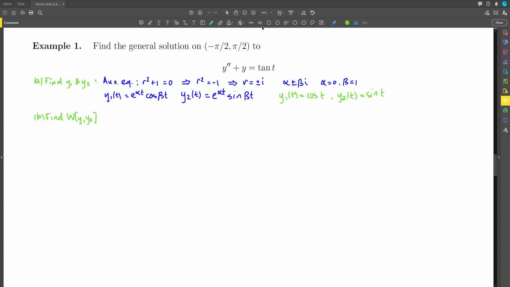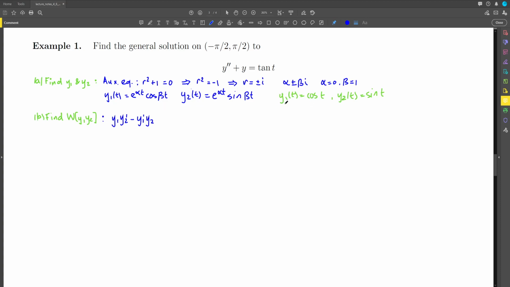Now, the Wronskian is given by y1 times y2 prime minus y1 prime times y2.